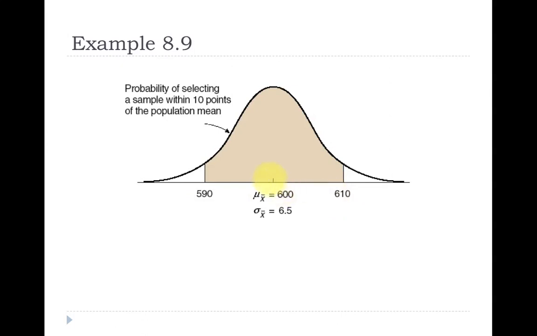So here's 600, we minus 10, we get 590, we add 10, we get 610, and the probability that we have a sample mean that's somewhere between 590 and 610 is represented by all this area in between those two numbers. Okay, so the x bar, the two values for x bar that we've labeled are 590 and 610. So this is a problem that's not going to negative infinity or positive infinity. It's staying between two finite values of x bar.